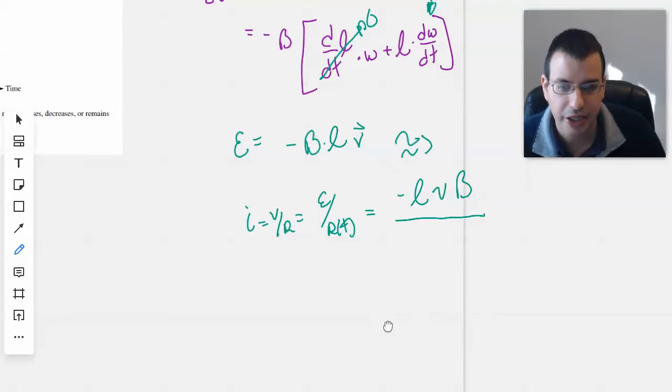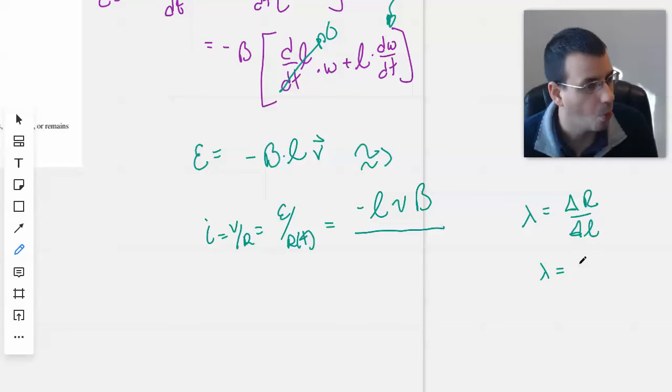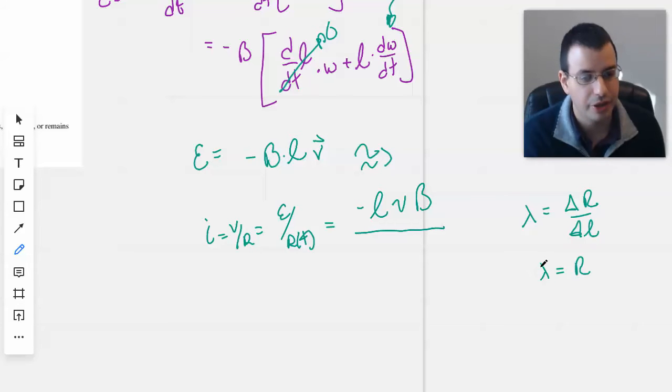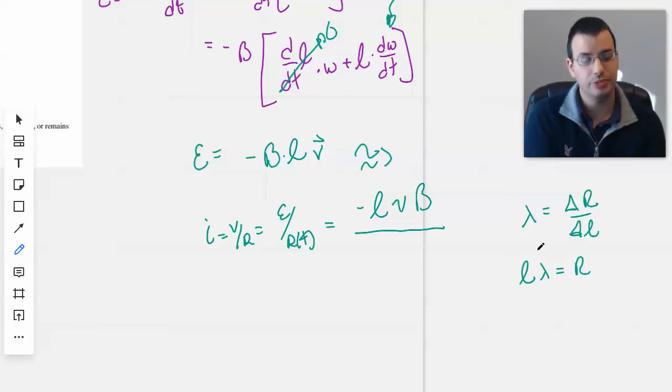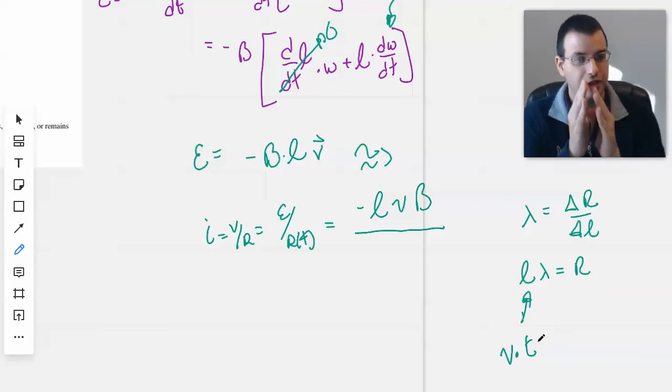Lambda is a small amount of resistance for a small amount of length. So resistance equals lambda times length, where length in this section is actually going to be the velocity, the speed, times time. So that's how far the bar has traveled.